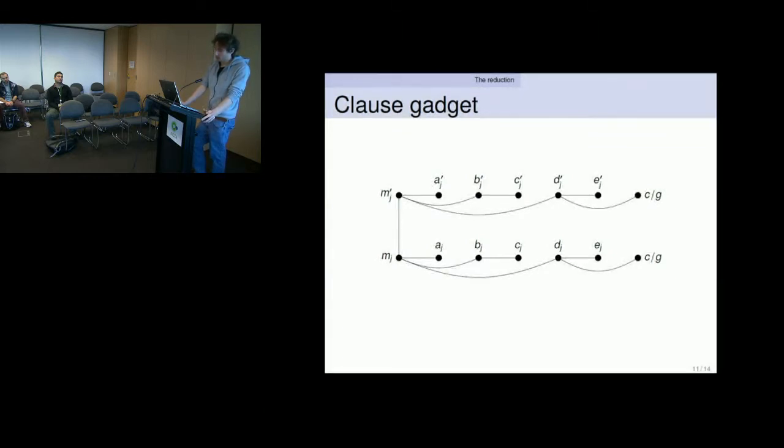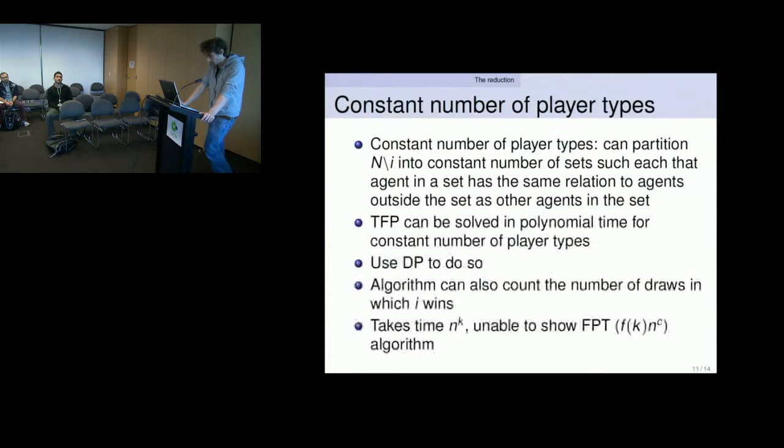So based on the choices we made using the choice gadgets, different players will be available for the clause gadgets, and if the formula is unsatisfiable, we won't have enough players available for clause gadgets, which means the MJ players won't be available in the 4th round, and the final player won't be able to win. The player I won't be able to win. That was the reduction.